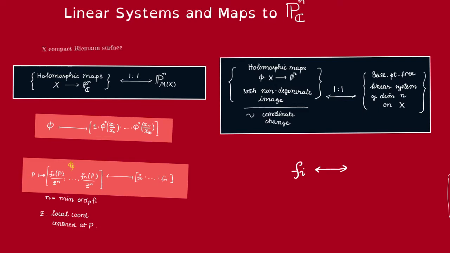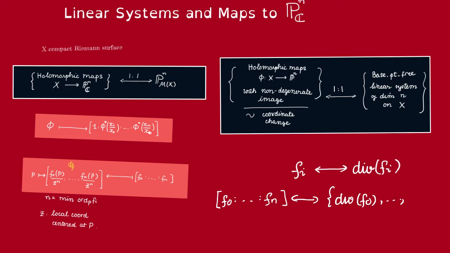So maybe we can think of Fi in terms of its divisor. So maybe we can associate to the map (F0, ..., Fn) the set of divisors div F0, ..., div Fn, because we can recover the Fi from this.